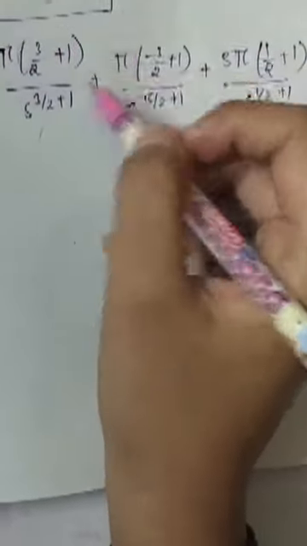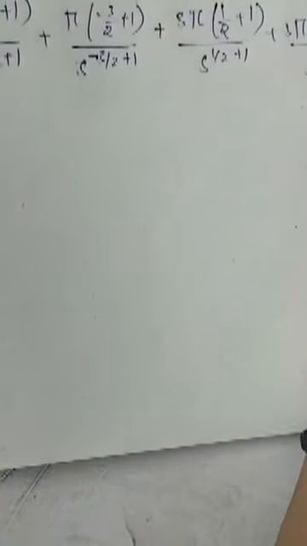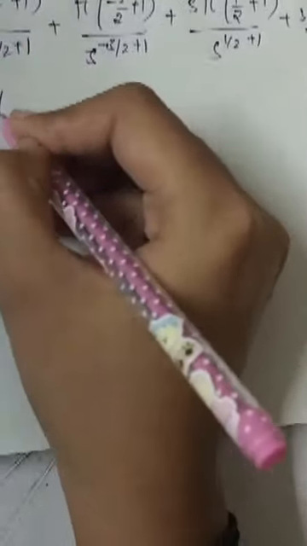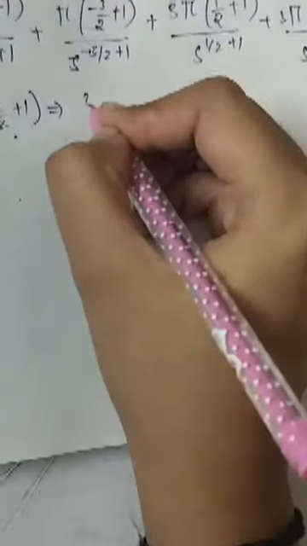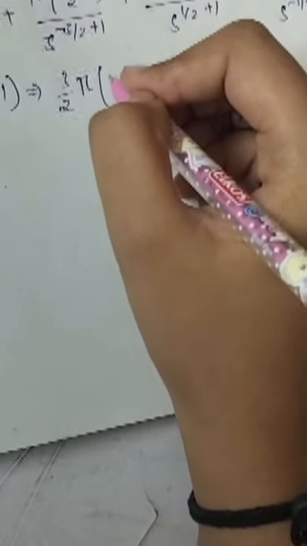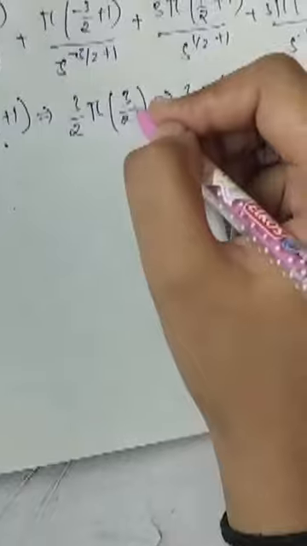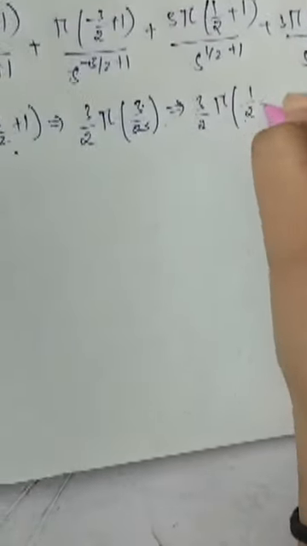Okay, now particularly if we take this part, I will be doing it here only. Now what is n here? 3 by 2. Gamma of n. So for 3 by 2, we have to get down to 1, until 1 we will be doing. So 3 by 2 can be written as 1 by 2 plus 1.